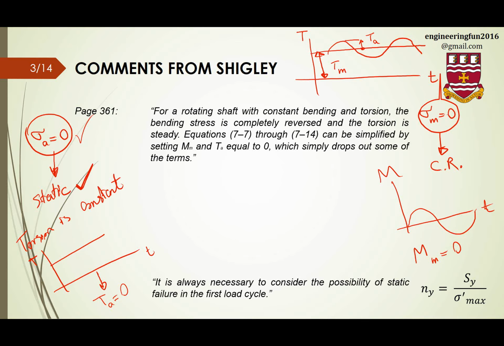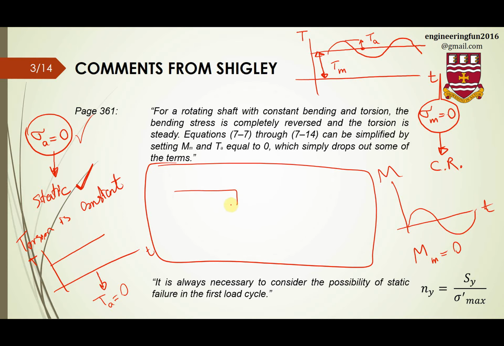Okay, there is one more thing that I want to mention here. If I have this shaft with these supports like this and this loading F, this force makes some bending in this shaft, and we have two reaction forces at these points.